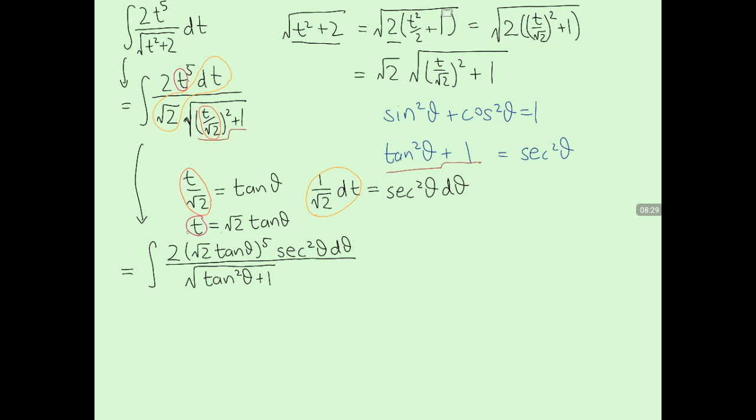If you want, right now you can just pause and take a look at all the substitutions that we did. Hopefully they make sense. So right now we've taken our integral in terms of t and turned it into an integral in terms of theta. Now what we want to do is simplify this bottom part over here.